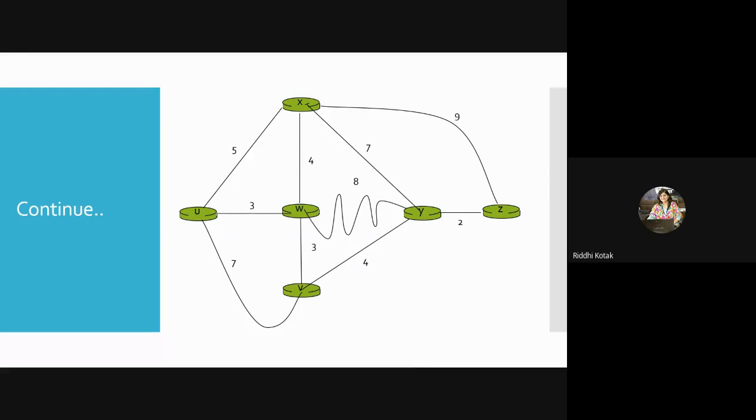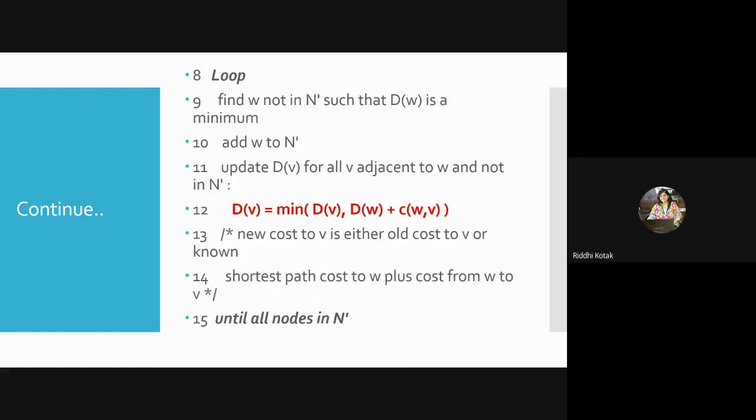So which one is minimum? 6, right? We have seen this equation: D of V equals minimum of D of V comma D of W plus cost of W to V. Now you can interpret this equation. Two possibilities are there. We have to take the minimum.